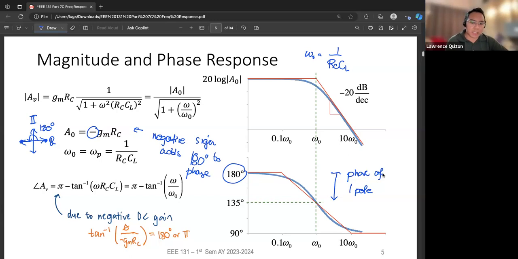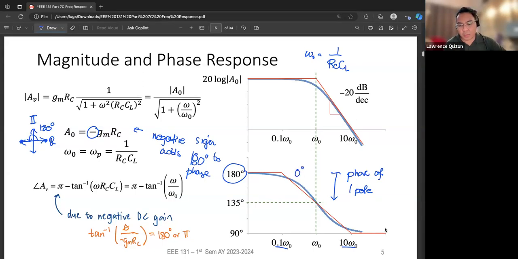So we still add the phase response that is expected of a single pole system. So we subtract 90 degrees over time as we go from 1 decade before the frequency of interest, which is 1 over RC CL, to a decade after it. So we just added the expected frequency response that we knew already, right?